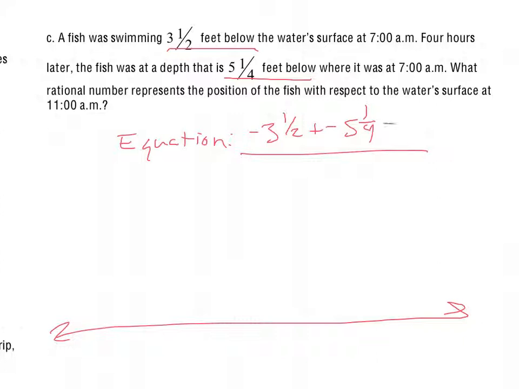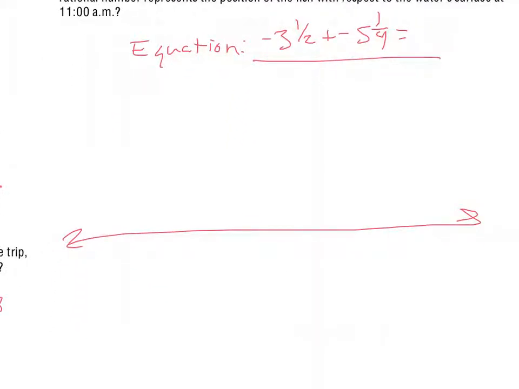And I need to figure out where he is. So looking at this, it looks like I'm going to be all in negatives. I'm going to count by halves here. 0, 1/2, 1, 1 1/2, 2, 3, 4. These are negatives.